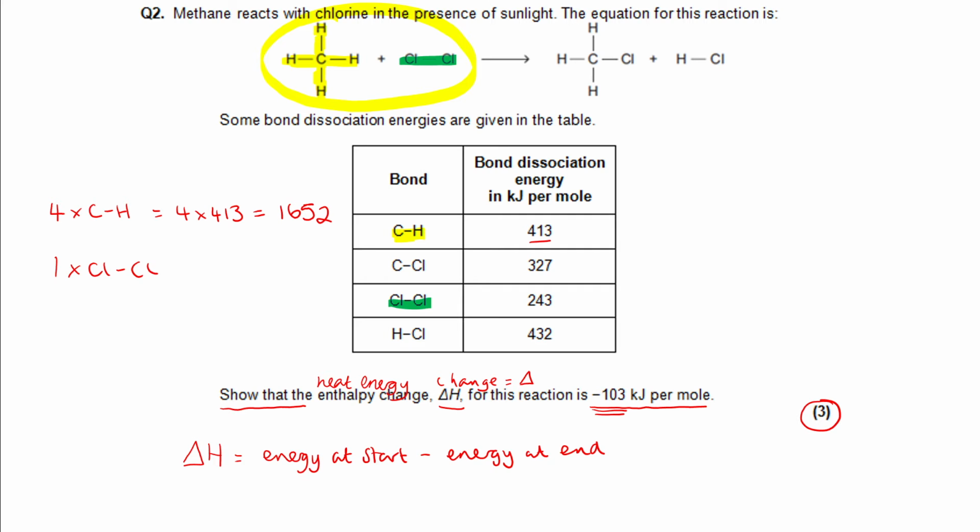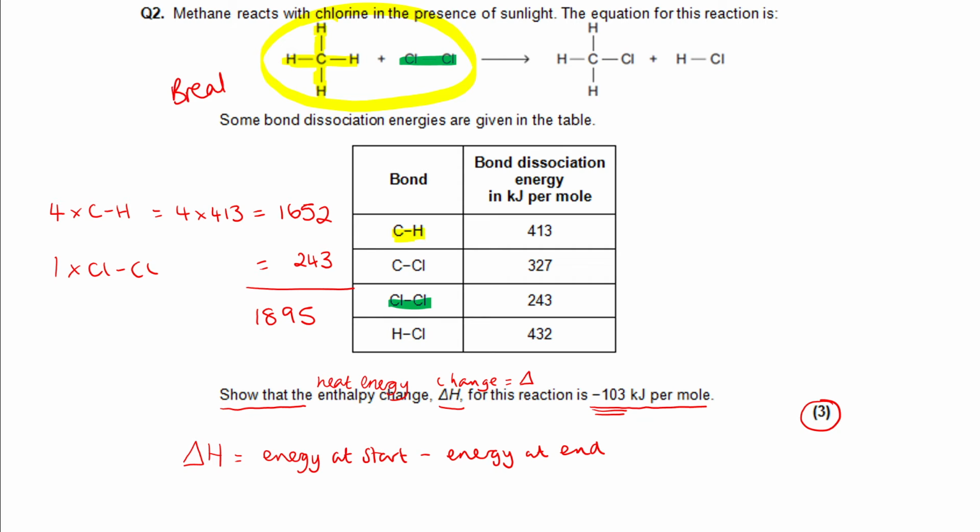So I'm just going to go straight in and put 243 there. So to break all of the bonds on the left-hand side, we would need a total of 1,895 kilojoules per mole. And that is the energy that is stored in the reactants, and therefore will be the energy to break the bonds in the reactants or to make them. But in this case, we are breaking these bonds.